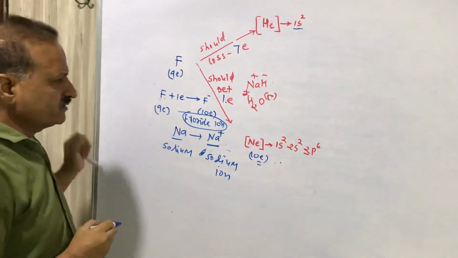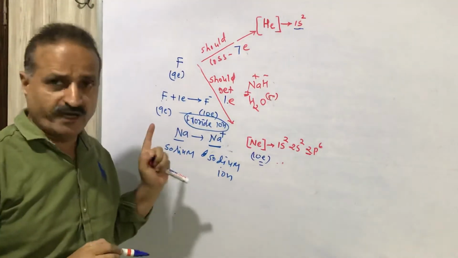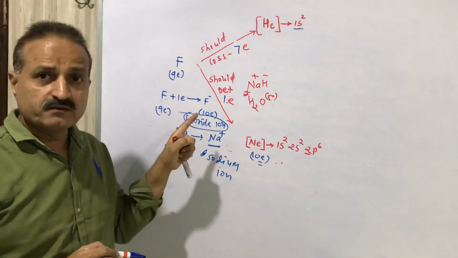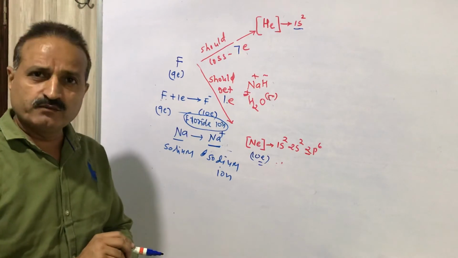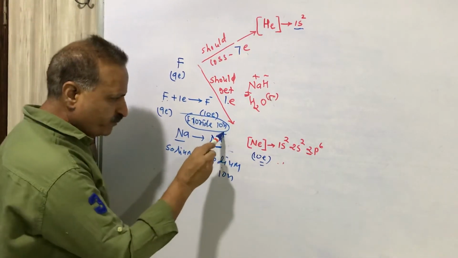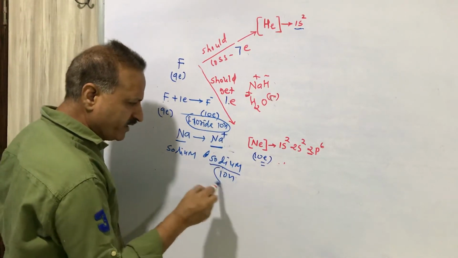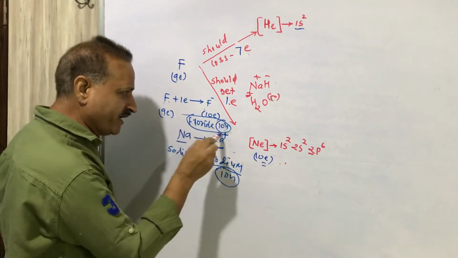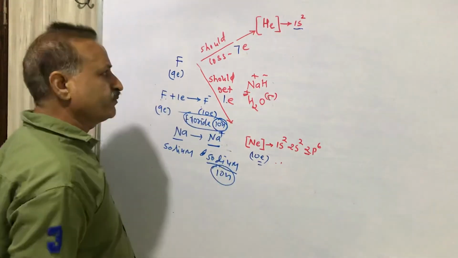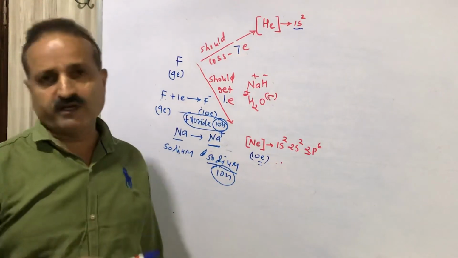Both pronunciations are different. Fluorine means it is a neutral element, and fluoride ion is either positive or negative. If sodium is positive, then sodium ion is said. If fluorine is negative, then fluoride ion. Ion means either it is positive or it is negative.